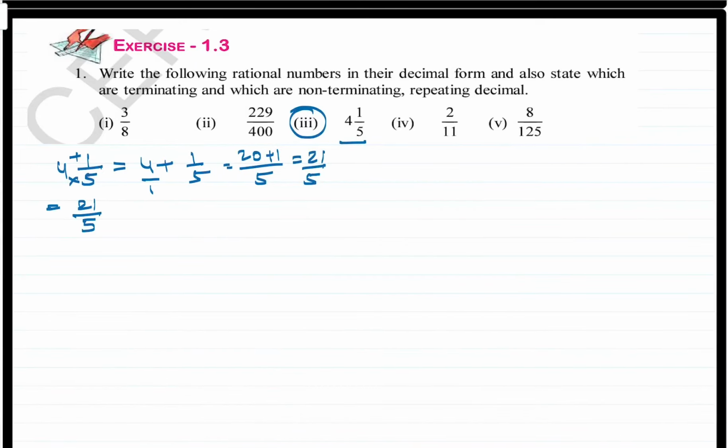Now 21 is divided by 5. 5 4s are 20. Here 1. Keeping the point it becomes 10. 5 2s are 10.